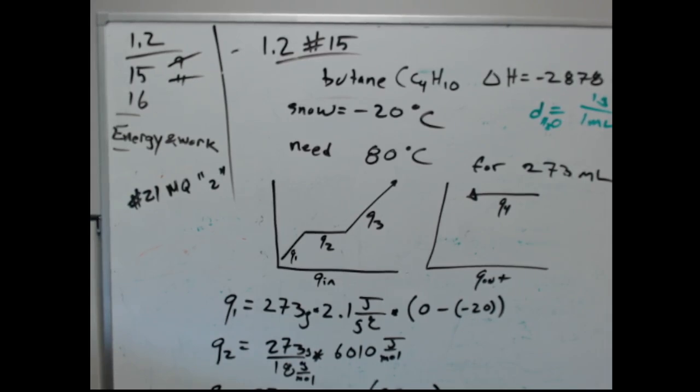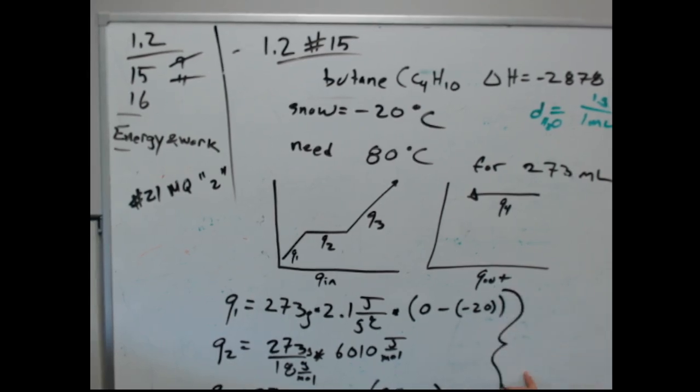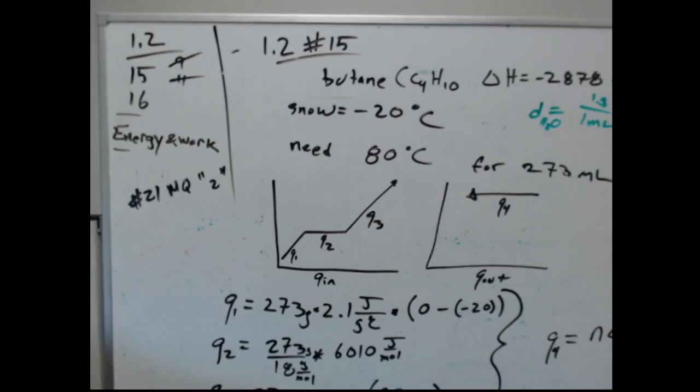I have to be careful with my delta H of fusion, understand whether it's the melting process or the freezing process, because it's positive delta H of fusion, negative delta H of fusion. This is the melting process, so we want to put energy in, it's positive. And then 80 minus 0, that one also ends up positive. All of these should be equal and opposite to Q4, which is just going to be n delta H.